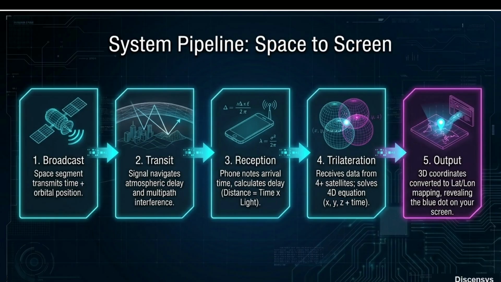Trilateration is a method used by GPS. It receives data from 4 plus satellites. We require a minimum of 4 satellites, as we have talked about before, because there are 4 variables: latitude, longitude, altitude, and time. So it solves the 4D equation. Output: 3D coordinates are converted to latitude and longitude mapping, revealing the blue dot on the screen.